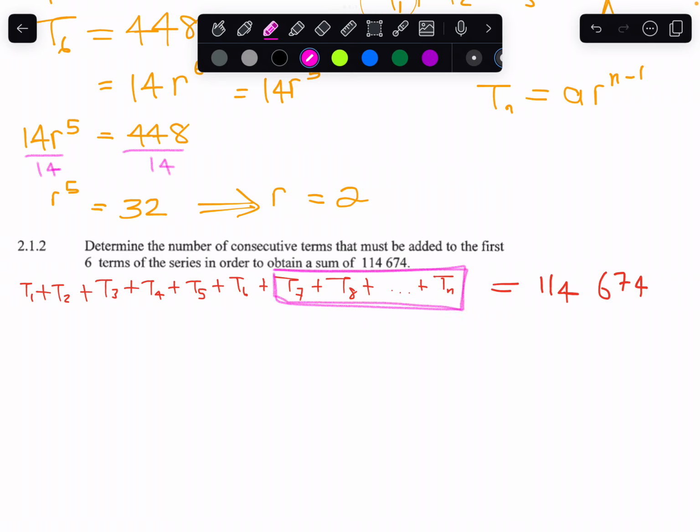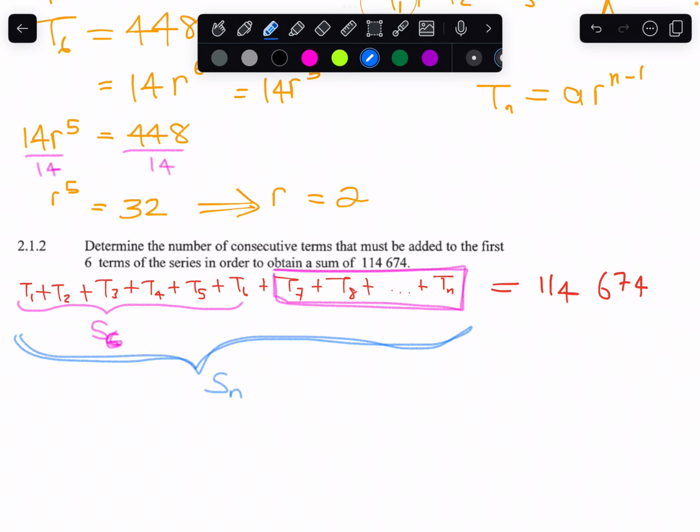My instinct is to figure out what the first 6 terms add up to. So I'm going to figure out what S6 is, the sum of the first 6 terms. Then I want to figure out how many terms in total I would need for Sn to equal that.